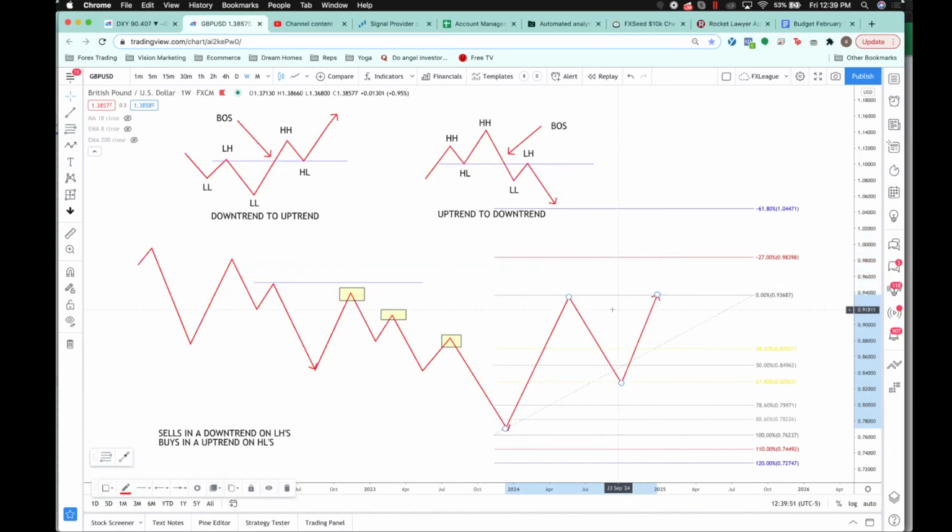Say it comes down to this level, pushes up, comes down to this level, pushes up, also starts to form some sort of ascending triangle there. So then this becomes two opportunities right here if you've got the balls to buy. So this is very, very simple.